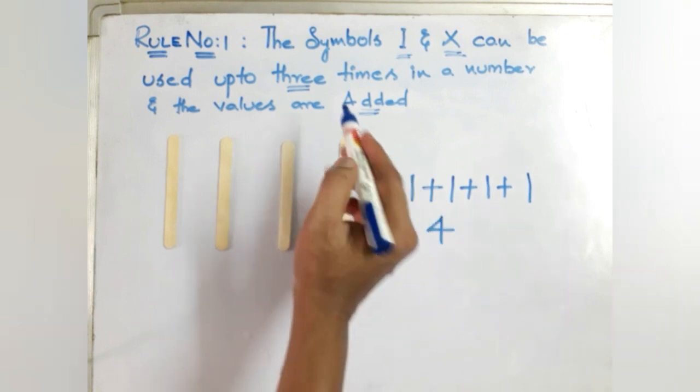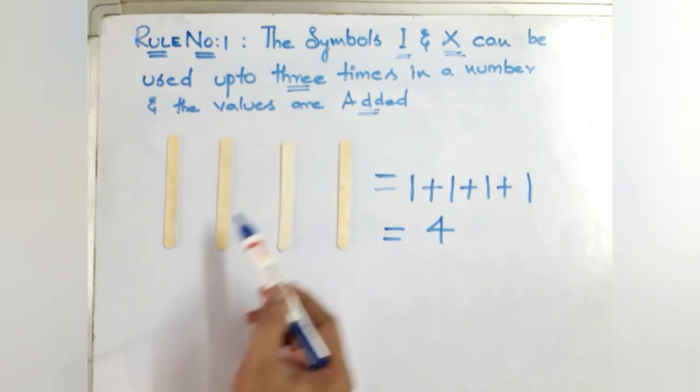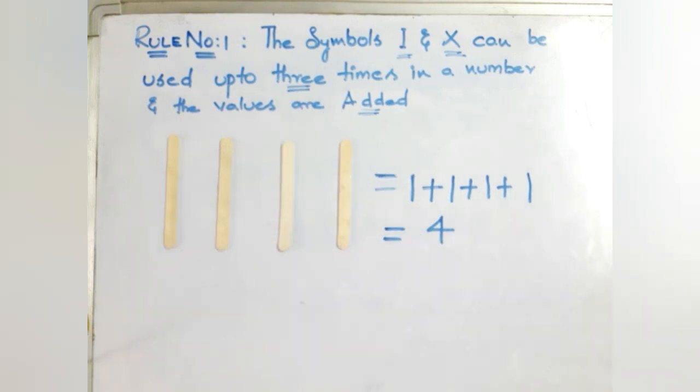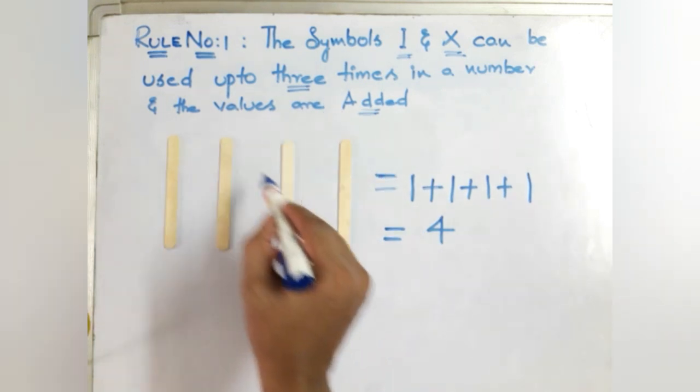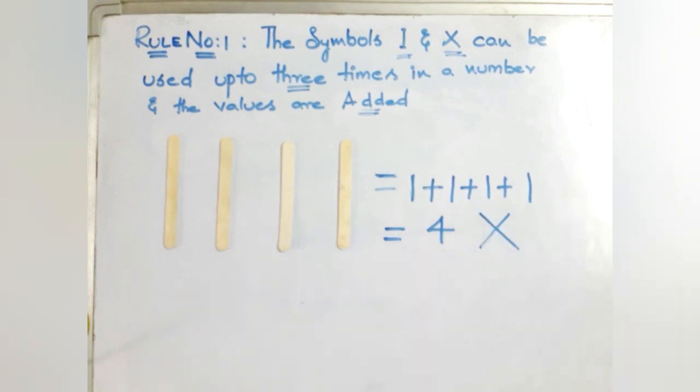But if you observe, the symbols I and X can be used up to 3 times. But here how many times have we used I? 4 times. So this type of representation is wrong. You should not write 4 like this.